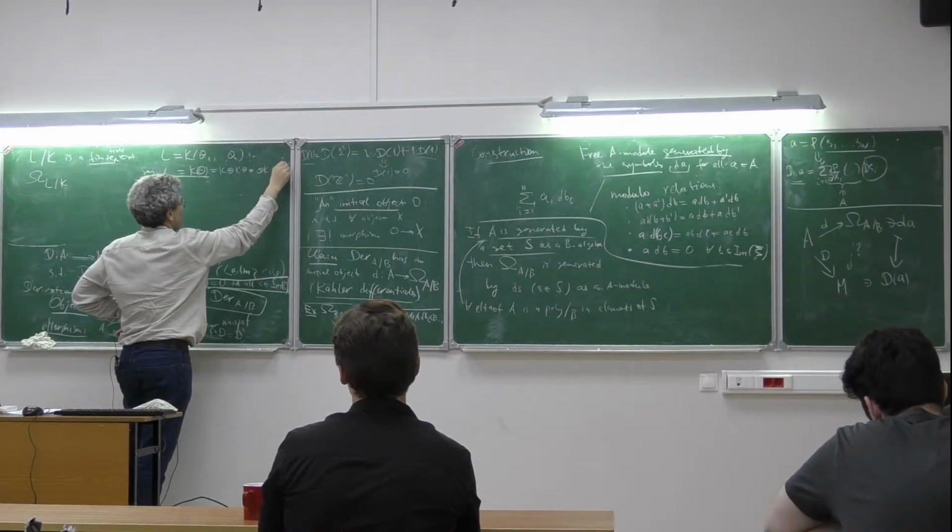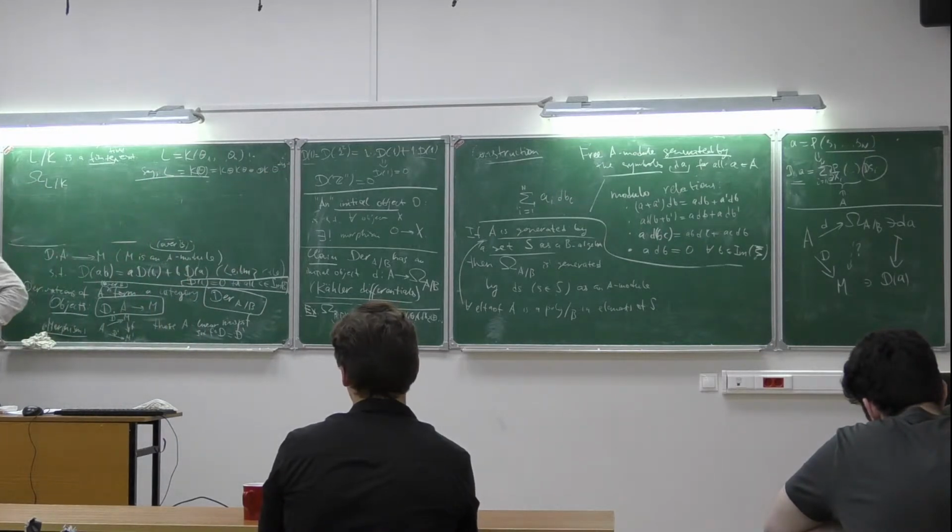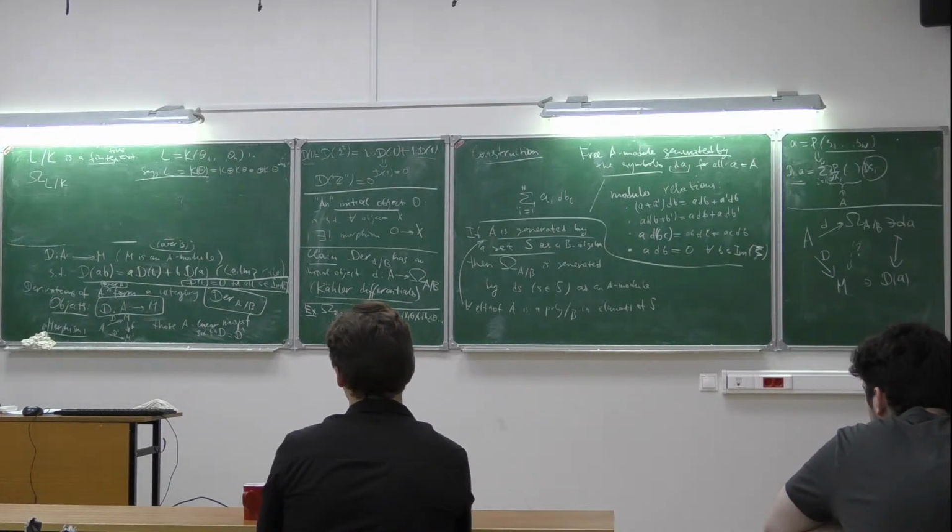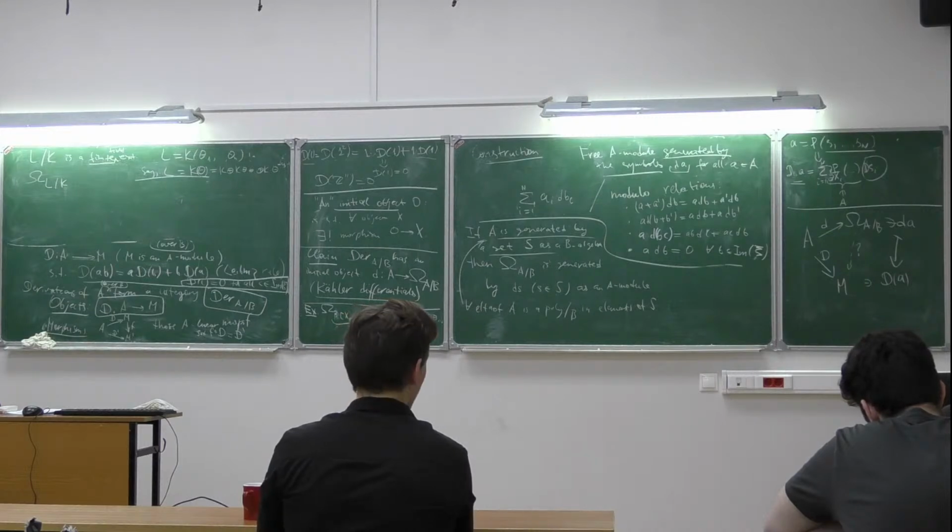Yeah, something like this. I mean that maybe it will be simpler to understand what Kähler differentials are if we treat the extension as a quotient of a polynomial ring.